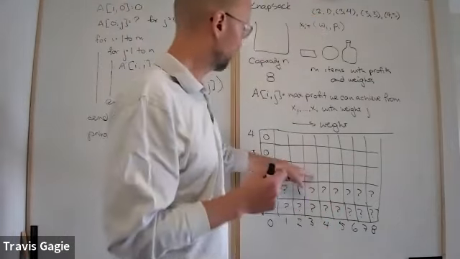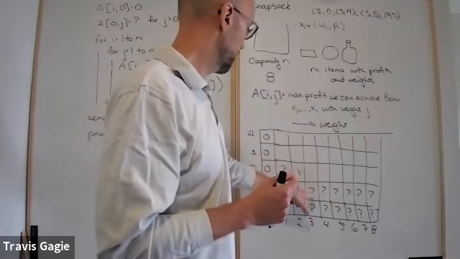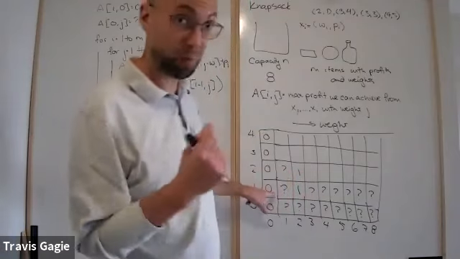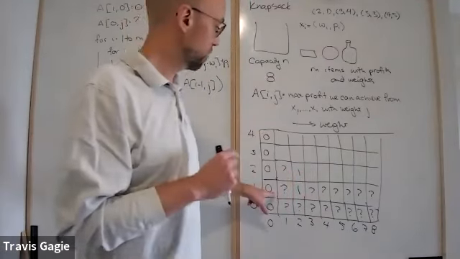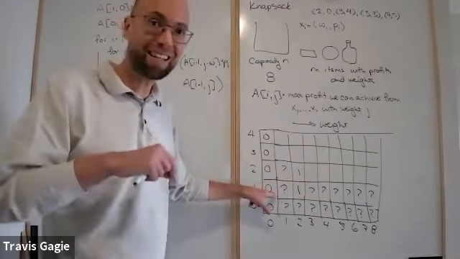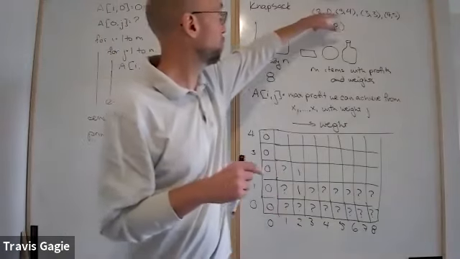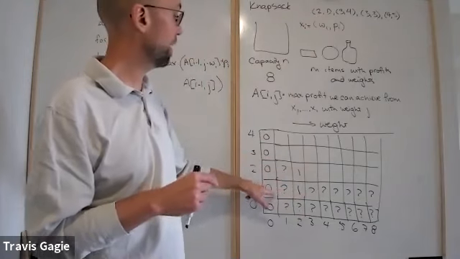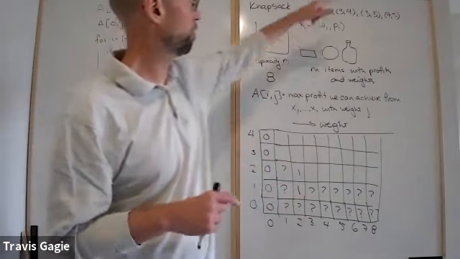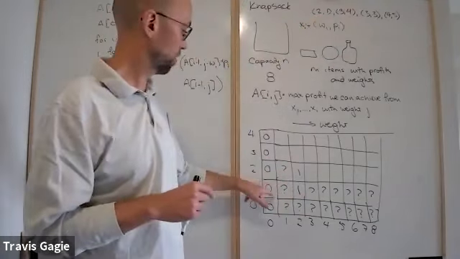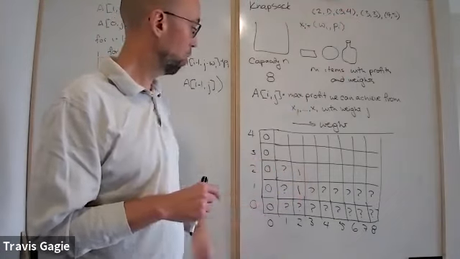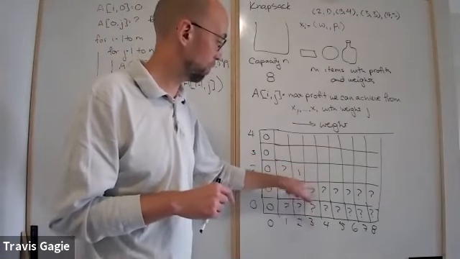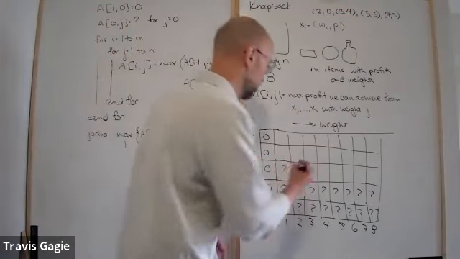Okay, 3. So if we go down and over 3, we get here. So it's defined, we have the option of taking x2, which has weight 3, and that would mean we would get profit 4, because it's 0 plus 4, or we can not take it and drop down and try to get weight 3 from just x1, we can't do that, so this is a 4.